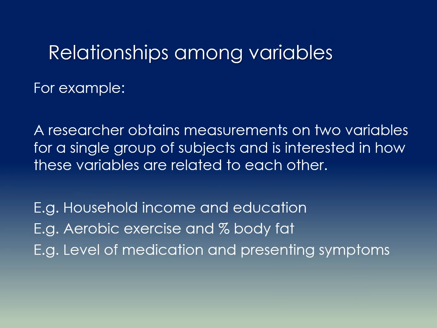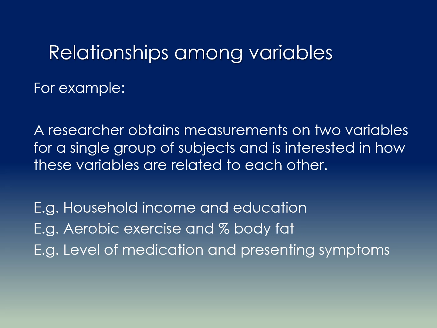So some of the examples we may encounter might be, and we're going to work with simply two variables, which is quite nice, and we'll call those X and Y variables. You'll see those coming up. And we want to see how X and Y relate to one another. So here's some examples that we might be interested in. I might be interested in one's level of education and that person's household income, as an example. We might be interested in the relationship between the amount of aerobic exercise I do and one's percent body fat.